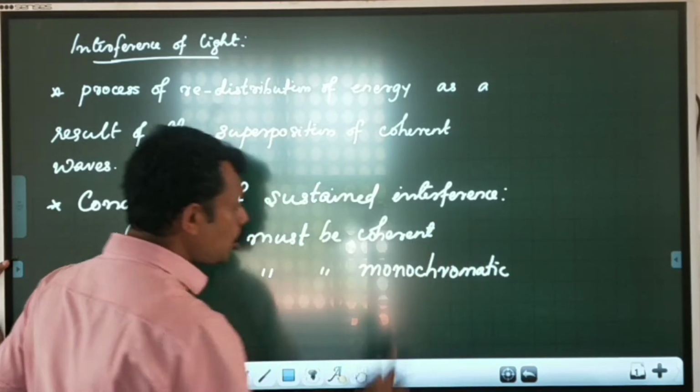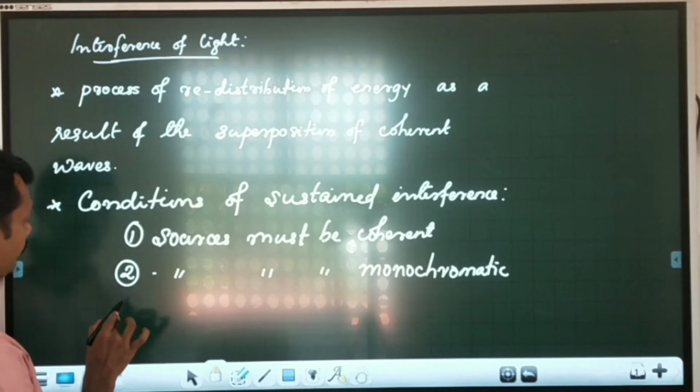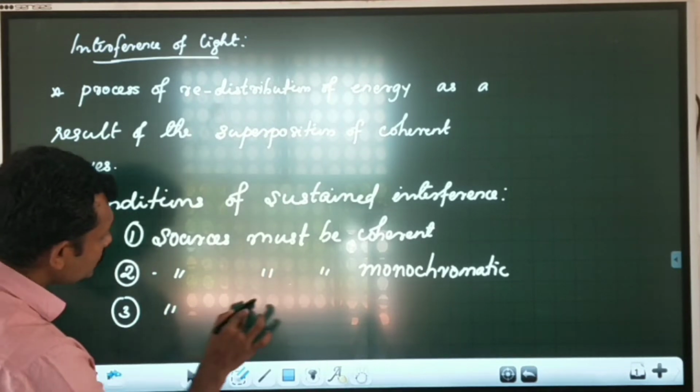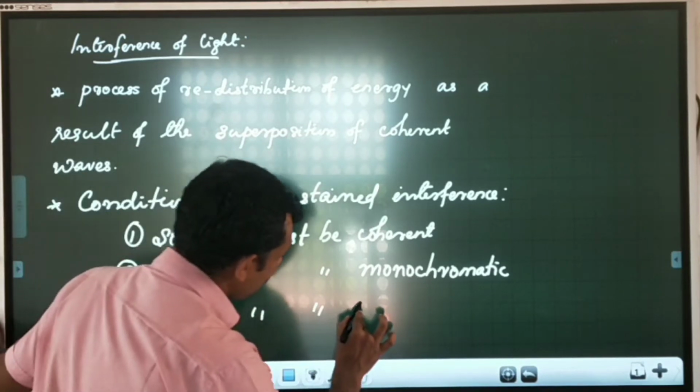What is the meaning of monochromatic? Monochromatic means single wavelength. Then the third condition is that sources must be narrow.